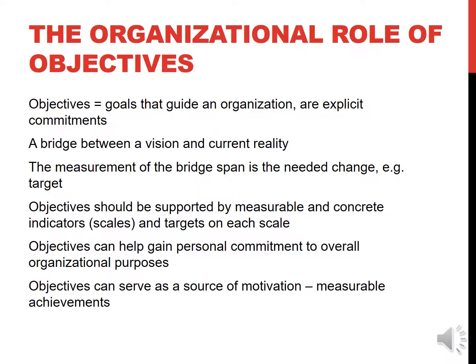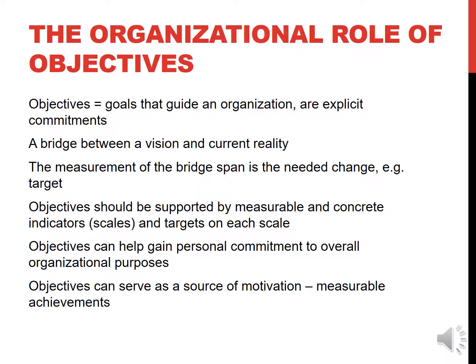Objectives, again, should be supported by measurable and concrete indicators, which are scales, as I said before, just like the temperature scale on a thermometer or a weight scale on a balance, and then a target on each scale. So we want to reduce the external temperature of a particular piece of machinery by 10 degrees Fahrenheit.